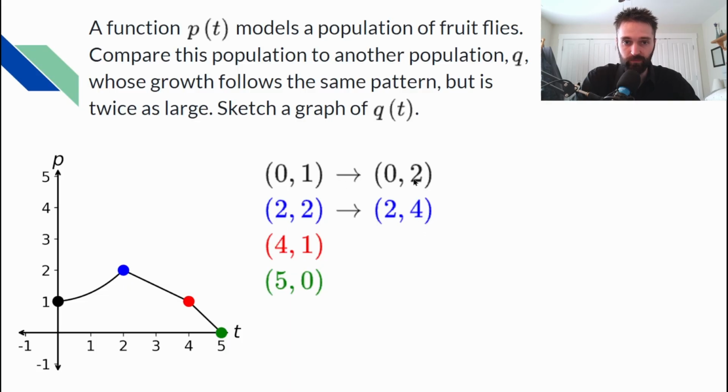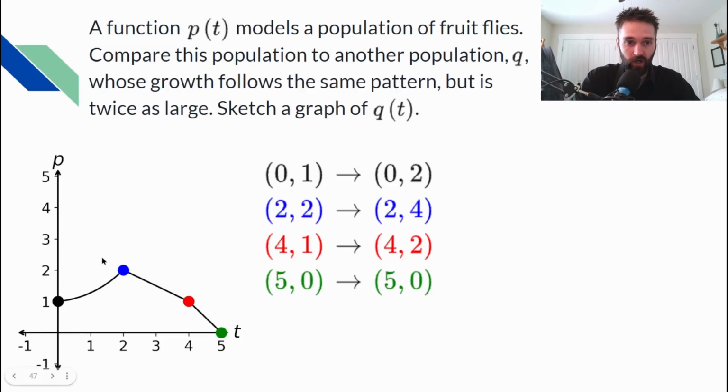We're multiplying 2 by 2 to get 4, and then we'll also get the red point 4, 2. We multiply 1 by 2 to get 2, and finally we'll get the green point 5, 0, since 0 times 2 is still just 0. So the function q passes through these 4 points, and we're told that the growth follows the same pattern.